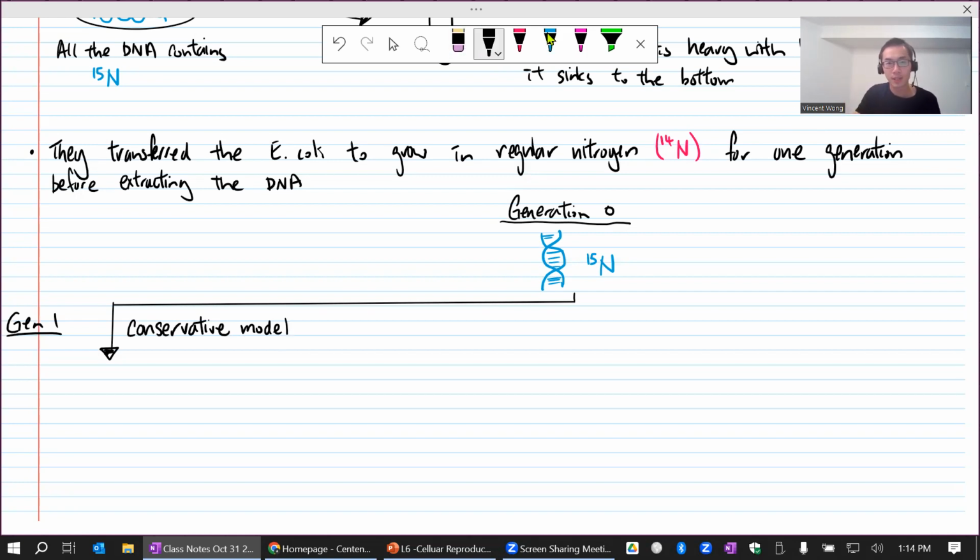Conservative model goes like this. You're gonna have the original and then you're gonna make a new copy. But because we transfer it to regular nitrogen, only regular nitrogen is available for any newly created DNA. And so it will be pink.